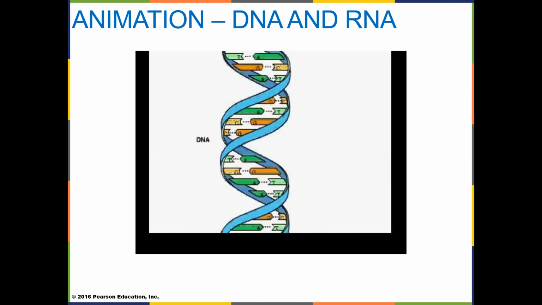Can you curl your tongue or not? That's a genetic trait. But other things are more important: body stature, hair color, eye color, skin color. Our physical appearance is all based on the structure of the genes in the DNA.